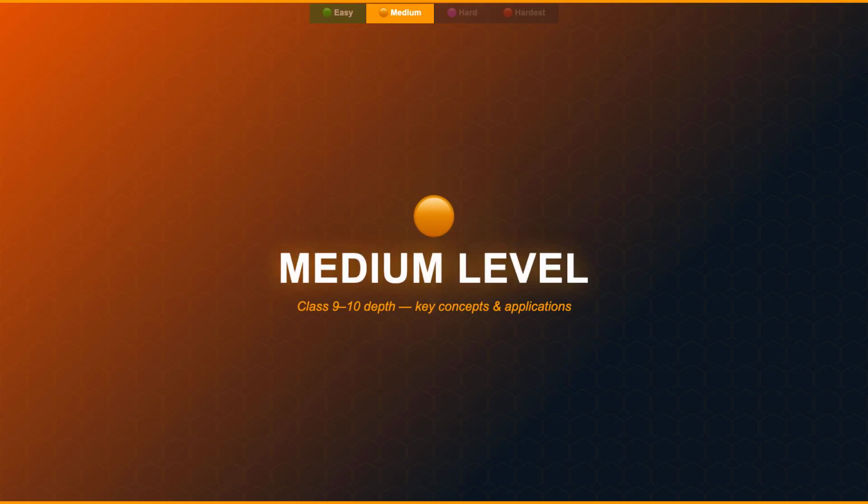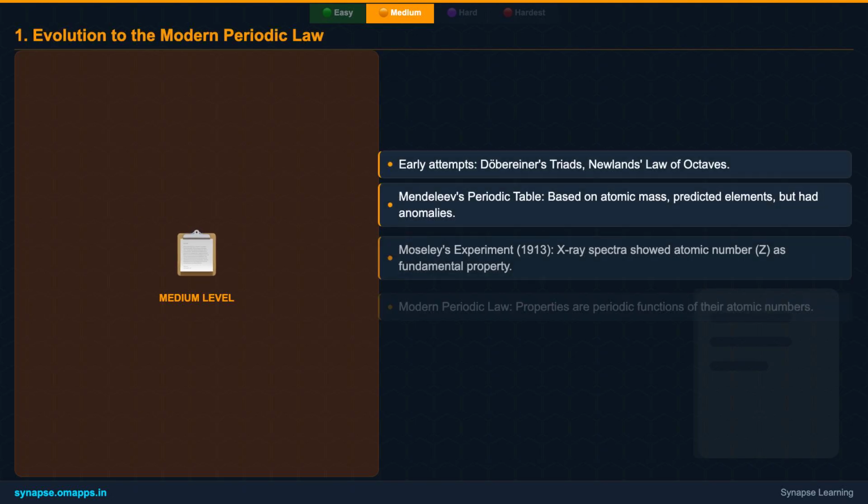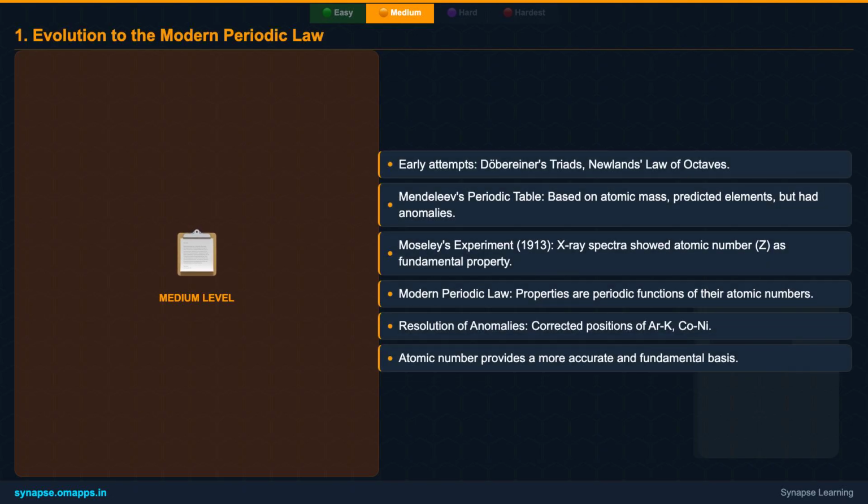Let's move to the medium level, where we'll uncover the historical journey and detailed structure of the periodic table. The modern periodic table is a culmination of various attempts to classify elements. From Dobereiner's triads and Newlands' law of octaves, the significant breakthrough came with Mendeleev, who based his table on atomic mass, predicting new elements.